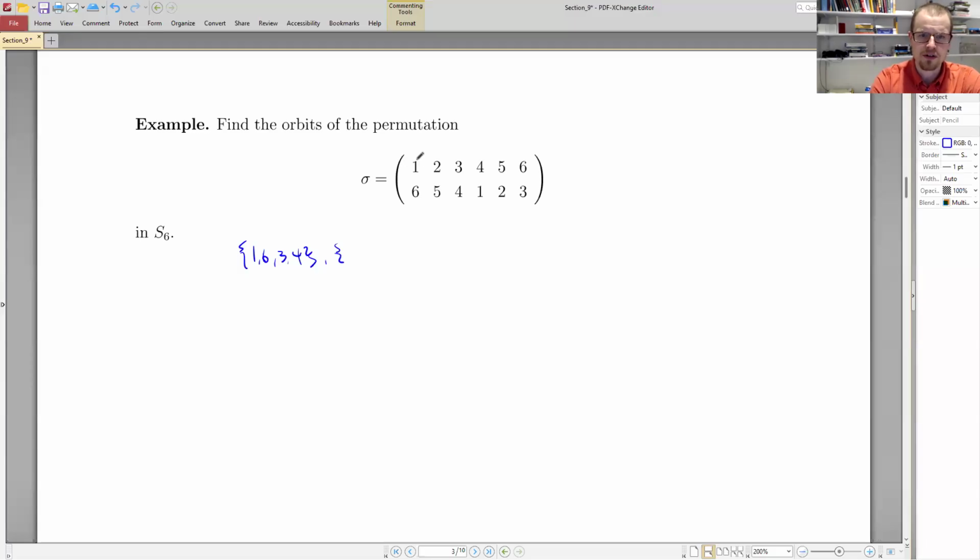And the next one, so 1, 6, 3, 4 we got. So now it's just 2 and 5. 2 is related to 5, 5 is related to 2, and that takes care of all of the elements in the set A, the numbers 1 through 6. So that's it, just 2 orbits for this particular permutation.